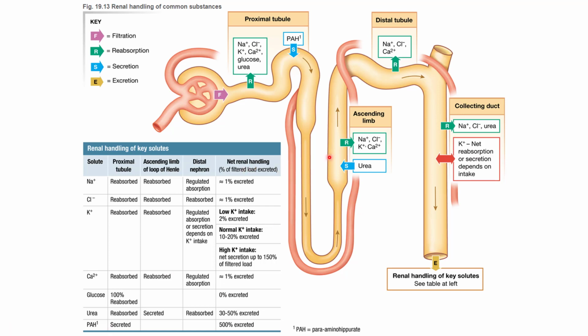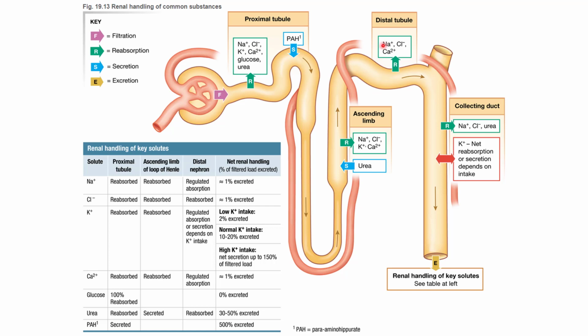Okay, so make sure you understand this figure a little bit, in which the proximal tubule, distal tubule, ascending limb, and collecting ducts, what processes are going on. This table is also really good at showing where we have regulated absorption. So sodium, the regulated absorption is going to occur in the distal tubule.